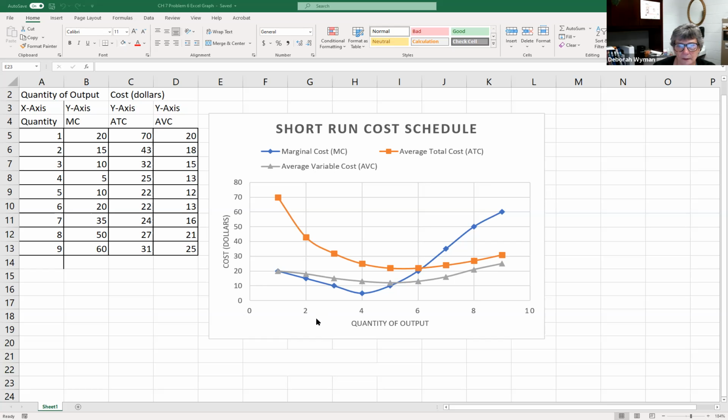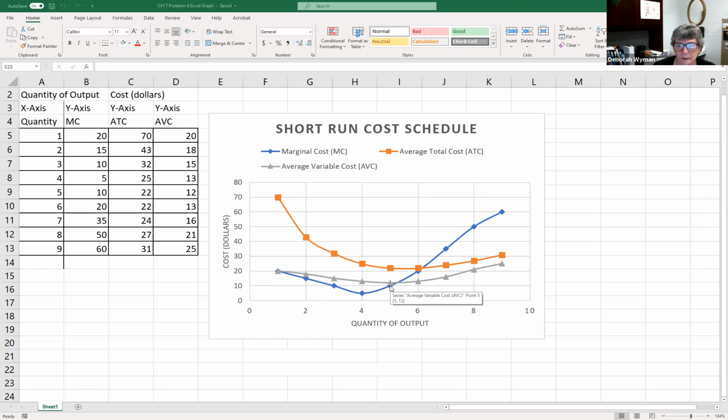So we plotted 1 and 20. So 1, right here, you can see the blue underneath. 1 and 20. And then we did 2 and 15. So 2 and 15 were on blue. 3 and 10. And 4 and 5.